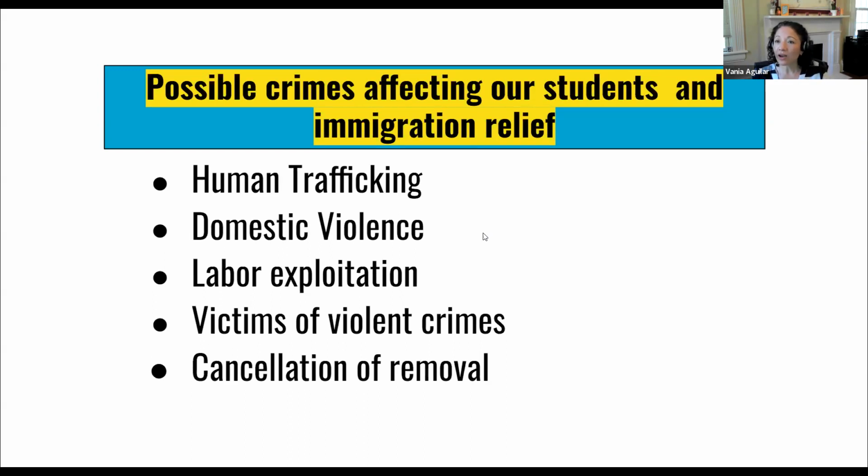They have to show that they are people that have strong ties to the United States. What do I mean by strong ties? Children, U.S.-born children, children in the US, that they probably have lived in the same place for a very long time, that they haven't committed any crimes, they're good people of moral character.